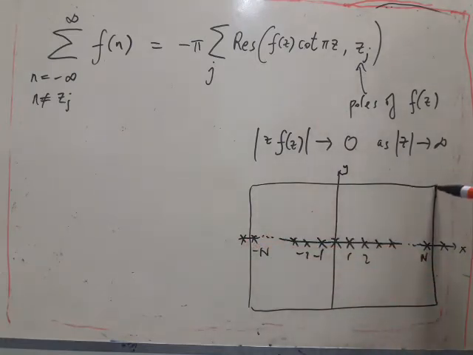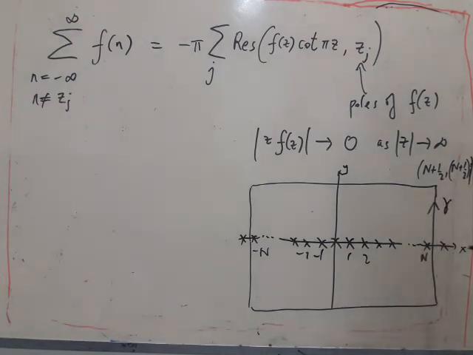So this point here would be n plus a half and n plus a half times i. So it's a square where the sides are length 2 times n plus a half. Okay, so that's my contour.